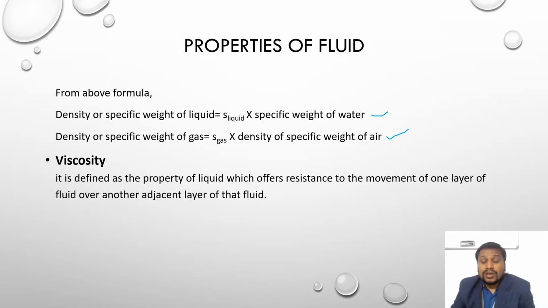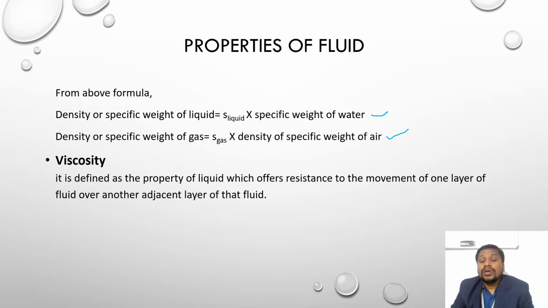So what is density? Mass density is the ratio of mass of fluid to its volume. Density is m by v, denoted by the symbol rho. Then what is specific weight or weight density? It is the ratio of weight of the fluid by volume of the fluid, w by v, denoted by the symbol small w.